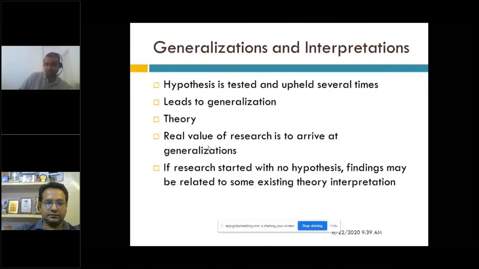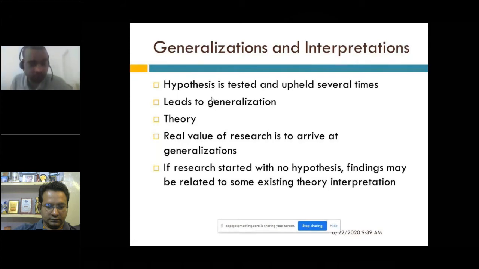Now if we go back to the three types of research: causal research, descriptive research, and exploratory research. Exploratory research has the highest generalizability. Descriptive is moderate, and in the case of causal, it is limited.